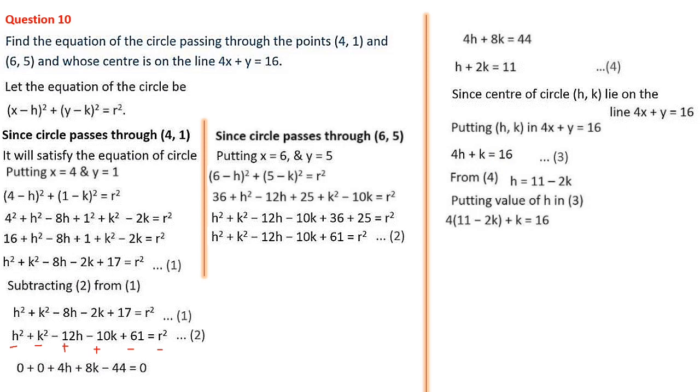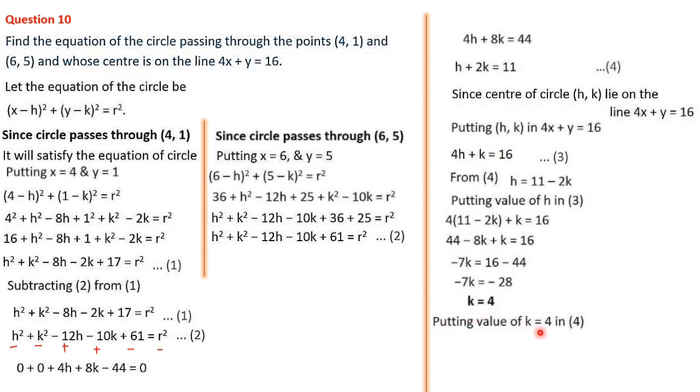When we substitute 4 into h, which is 11 minus 2k, plus k equal to 16. Remove the bracket. 4 into 11 is 44, minus 4 into 2k is 8k, plus k is equal to 16. Then minus 8k plus k, that is minus 7k, equal to 16. The plus 44 will move to the right side, comes as minus 44. So minus 7k is equal to minus 28, k is equal to 28 by 7, that is 4.